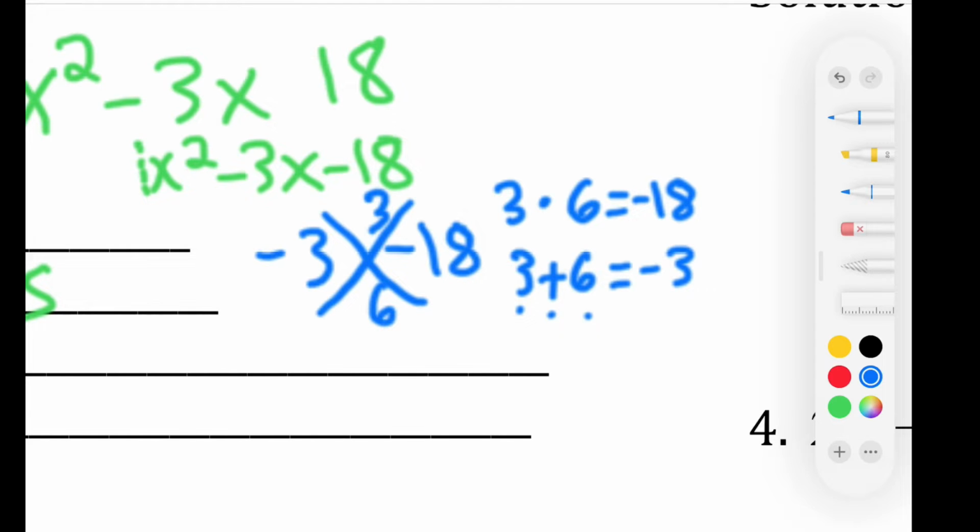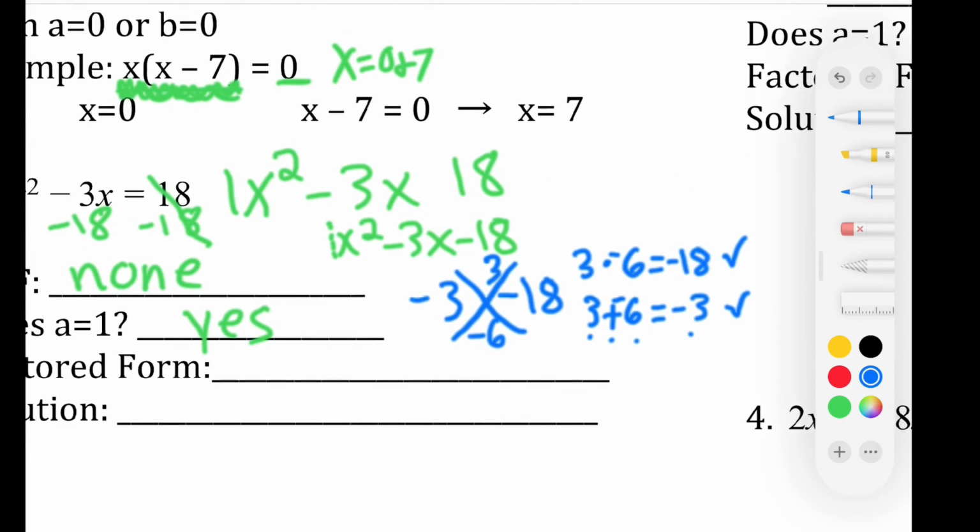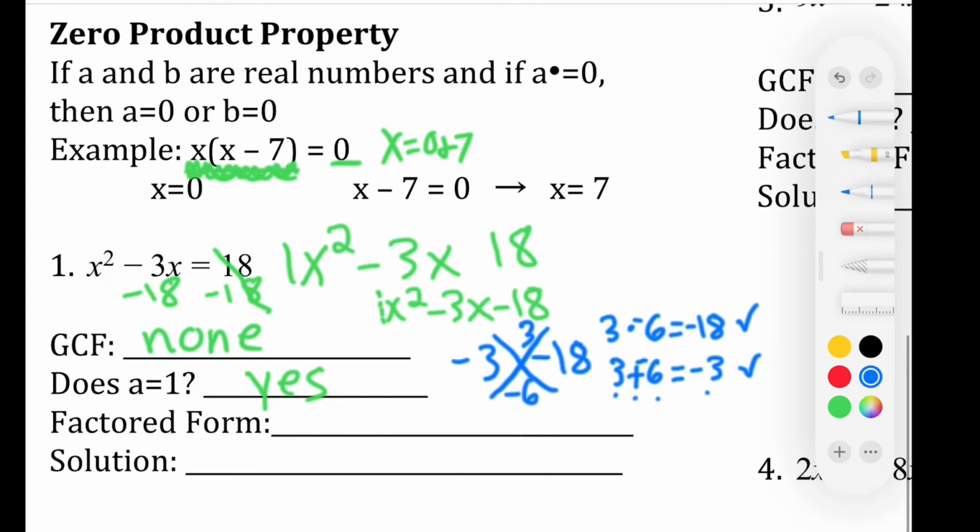If you change the 3 to negative instead of 6, negative 3 plus positive 6 does not give us negative 3, so it does not make the statement true. Making the 6 negative does make it true. Positive 3 times negative 6 does give us negative 18. So our magic numbers are positive 3 and negative 6.